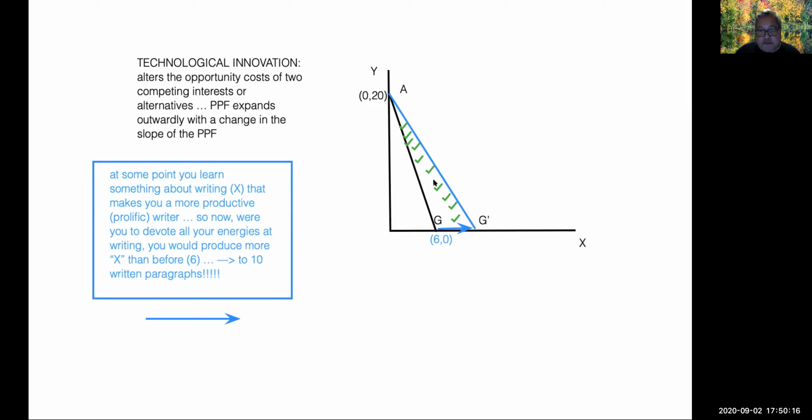Except the possibilities are not augmented both ways proportionately, but rather disproportionately favoring English, which means that the opportunity cost of English has gone down. Now you can give up fewer solved math problems to get more written paragraphs. So you don't need to give up math problems at a rate of 3.33 to 1.